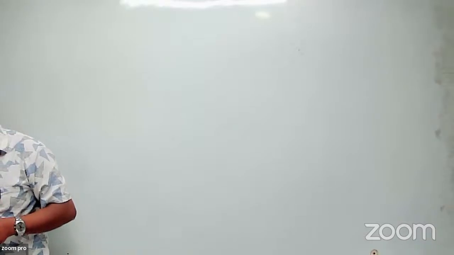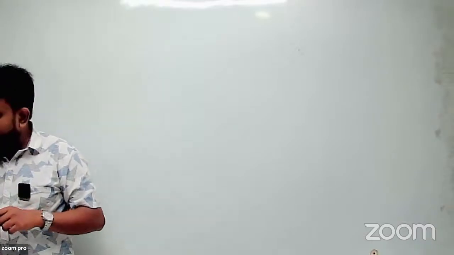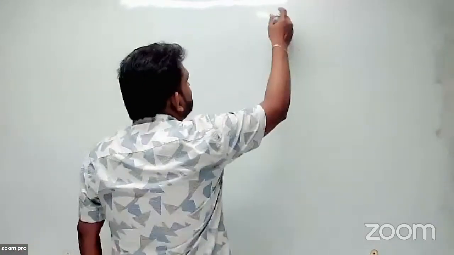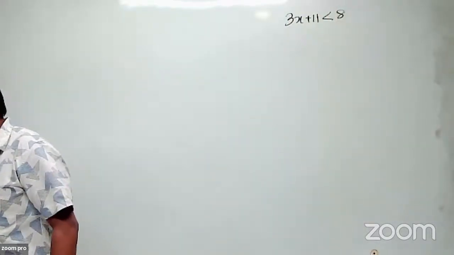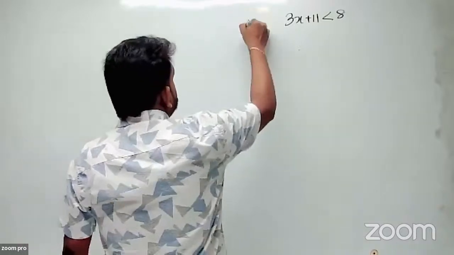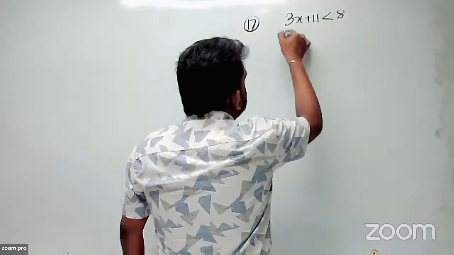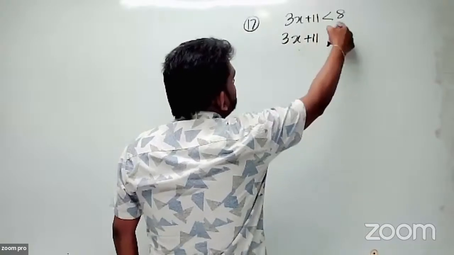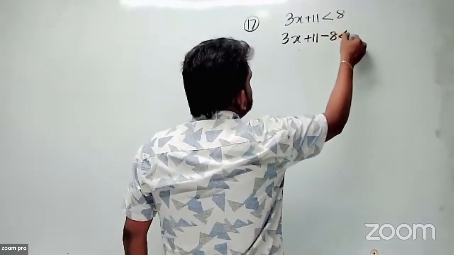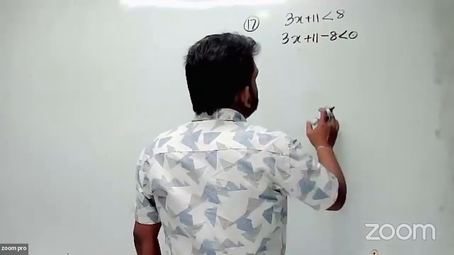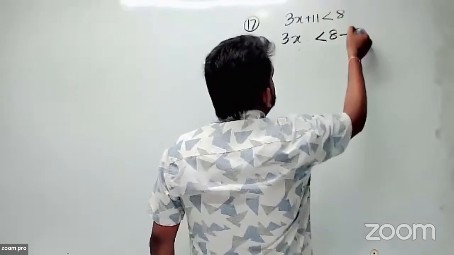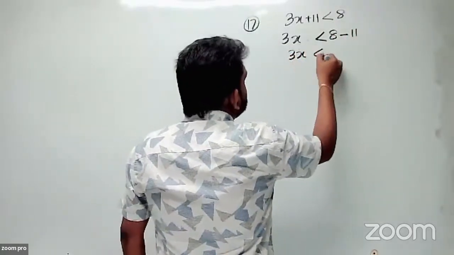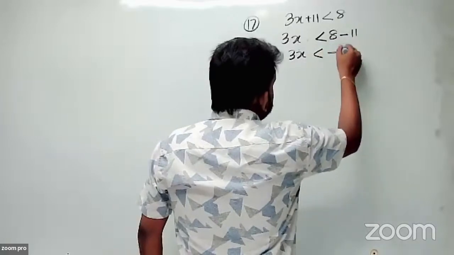Now we are at question number 17. Write down the largest integer which satisfies the given inequality 3x plus 11 less than 8. How to do that? 3x plus 11 less than 8, bring the 11 to the other side: 3x less than 8 minus 11, which is minus 3.